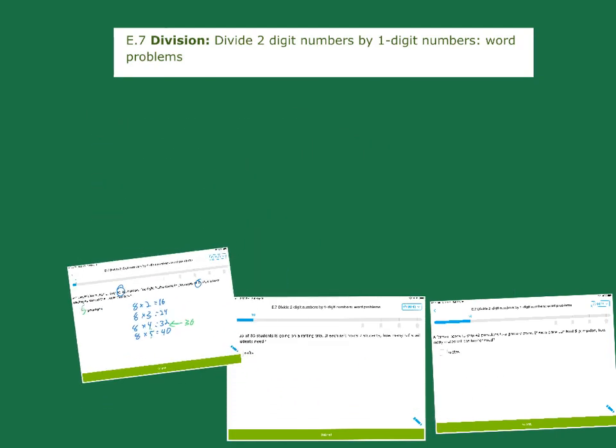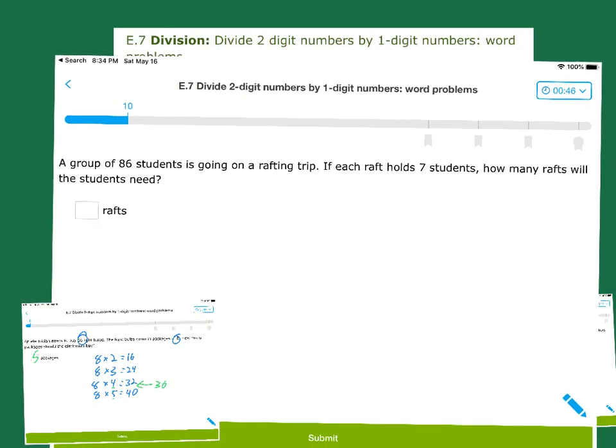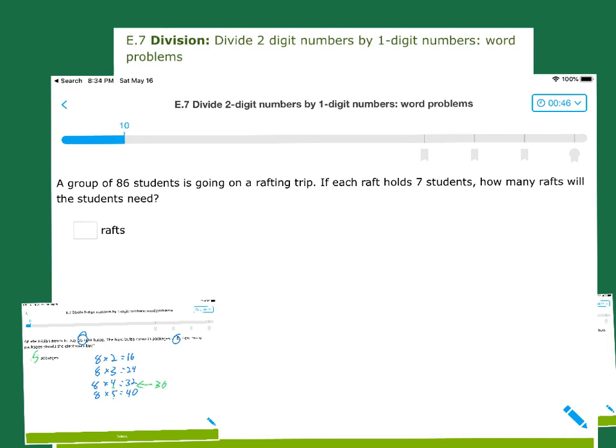So now, let's take a look at another one. This one says, a group of 86 students are going on a rafting trip. If each raft holds 7 students, how many rafts will the students need? We can do this a few different ways.